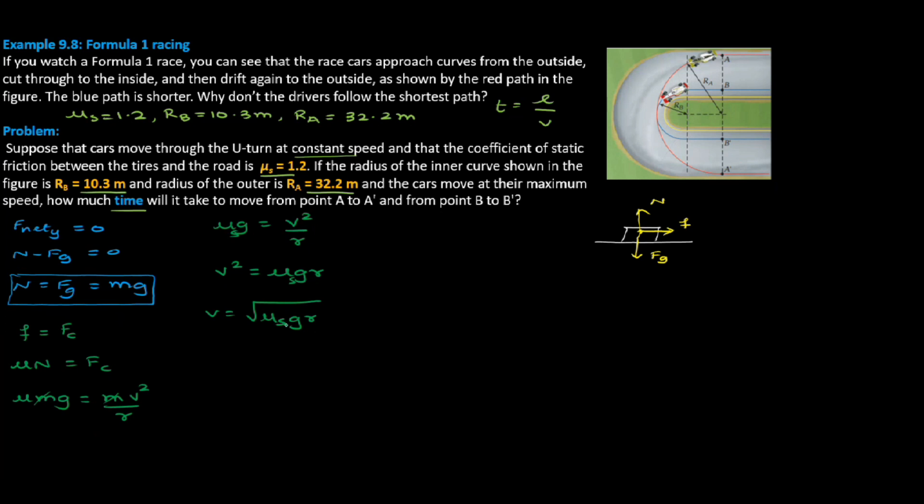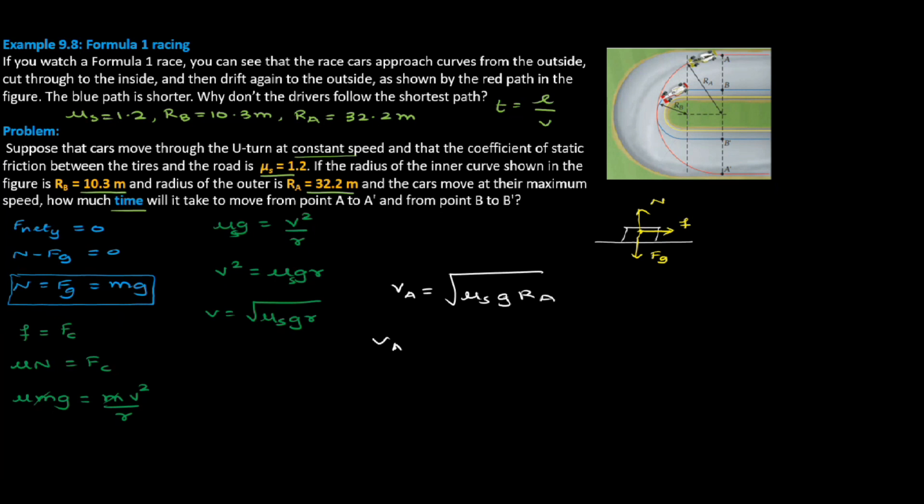So this is the expression for speed, the maximum speed with which the cars can take a turn. And we will use this expression to calculate the speed of the car moving along the red path and the blue path. Along the red path, the radius of the curve is RA. So we write VA equals square root of mu s g RA.